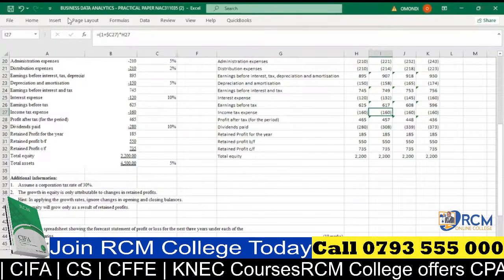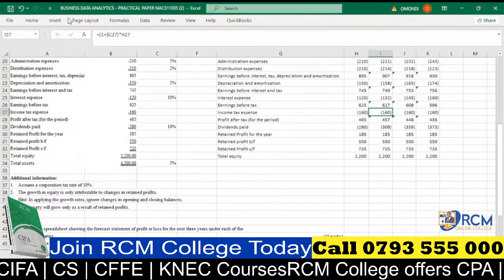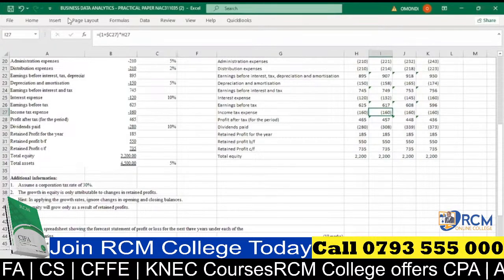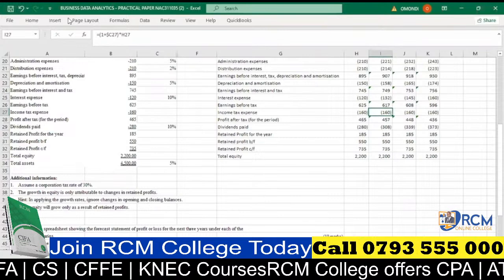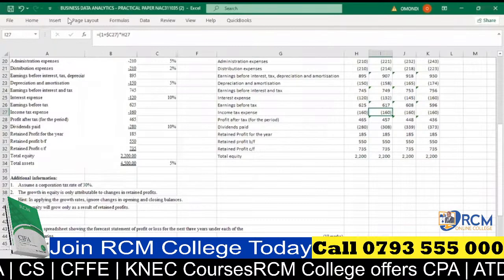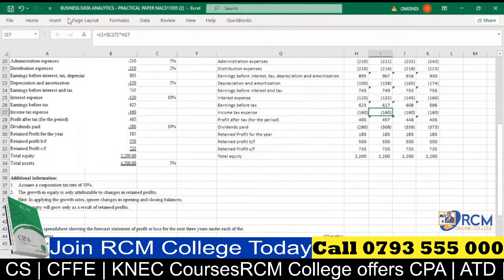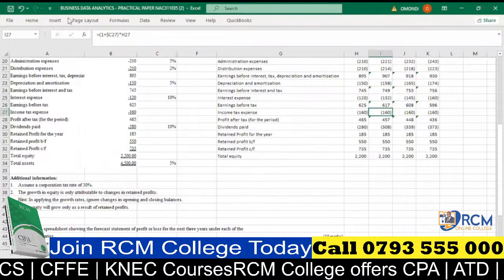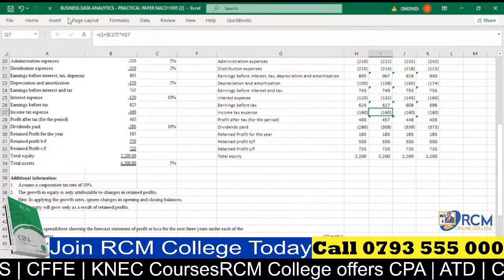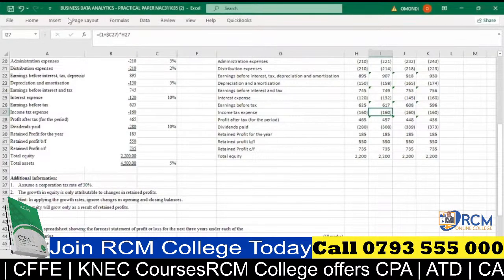What is this 150? Where is this 150 coming from? Depreciation. So when you want to charge tax, we add back depreciation.